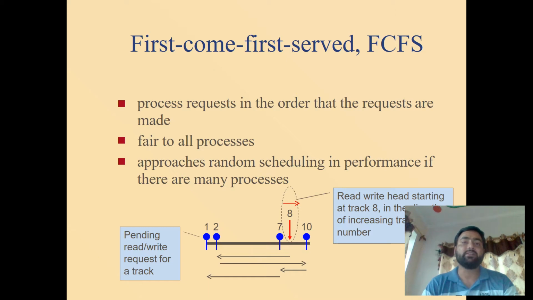So this is a fair algorithm to all the processes, as the block which a process requires will be requested first. And it approaches random scheduling in performance if there are many processes. That means if the number of processes is much larger, this algorithm is lacking in performance. That means the performance will be poor.